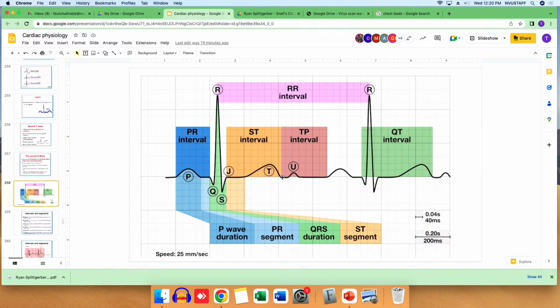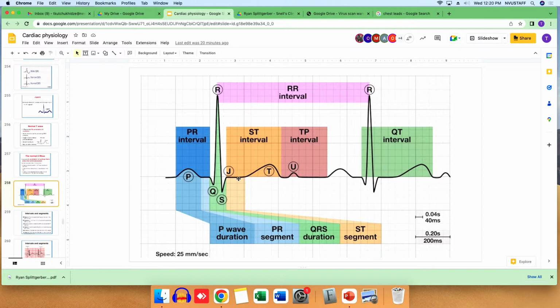It is from the ending of our T wave and starting of our P wave. Okay. ST segment, it is like finishing of the S wave and starting of the T wave.